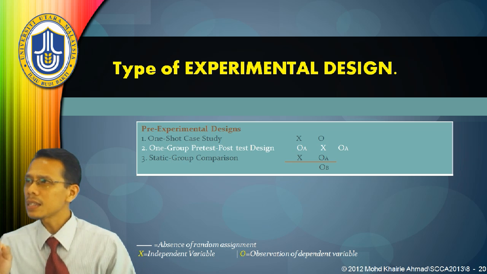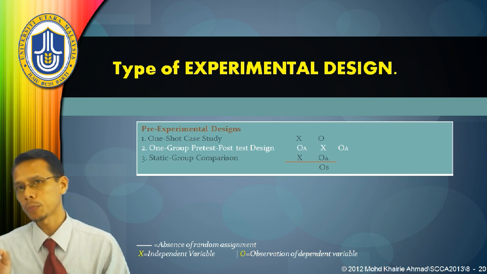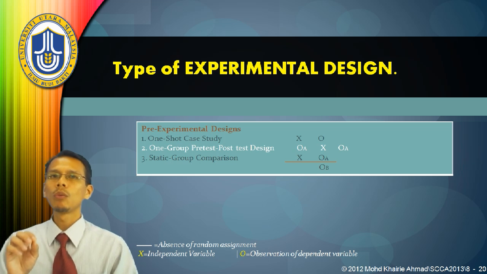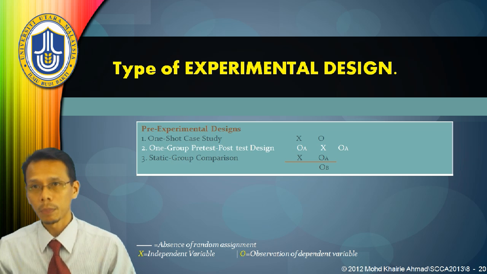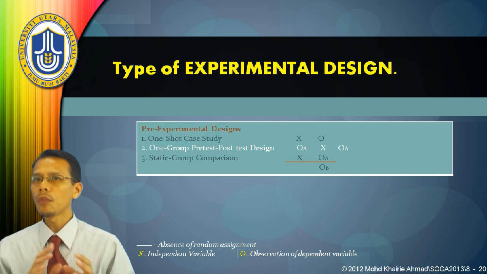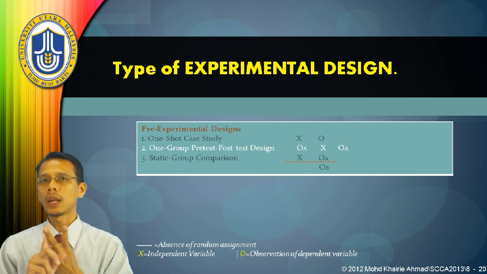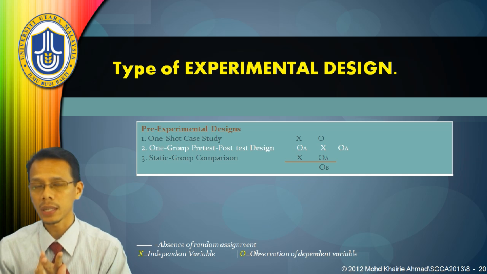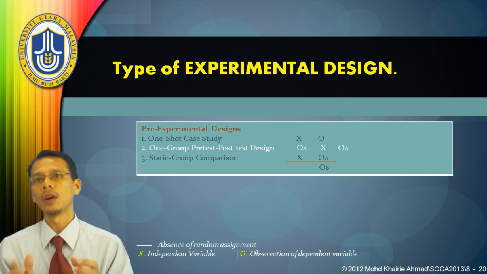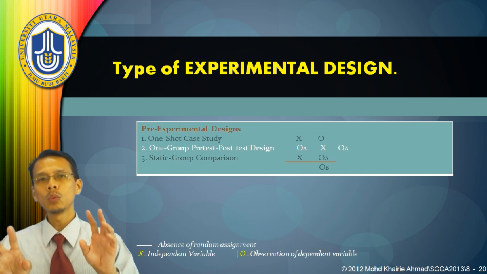The third type of experimental design under pre-experimental design is what we call static group comparison. Here is a kind of combination of the one-shot case study as well as the one group pre-test, post-test design. In this third type, we have 2 groups.